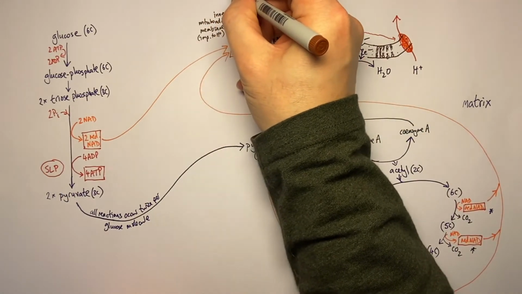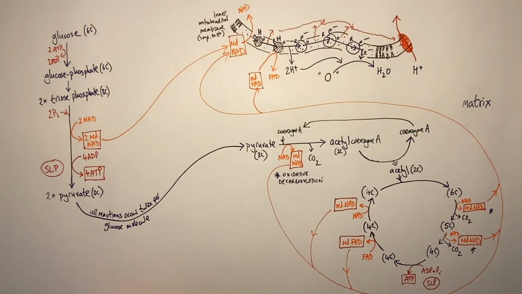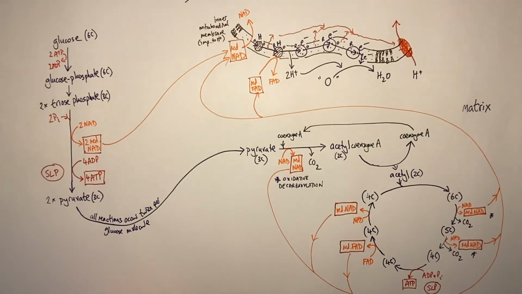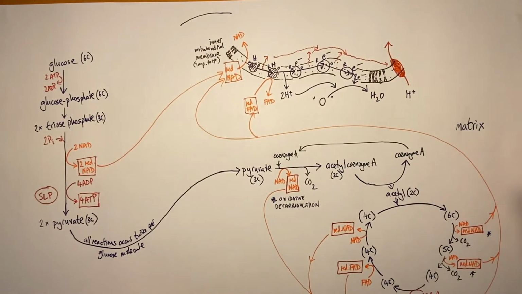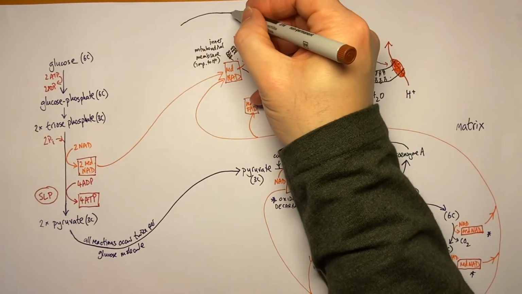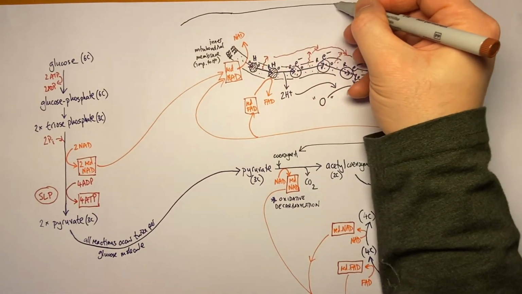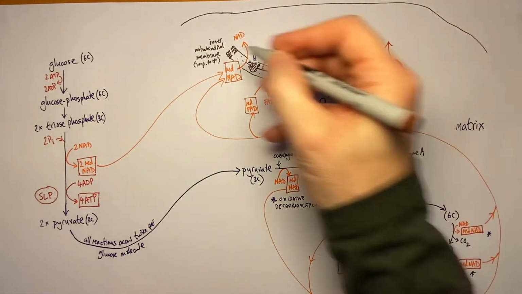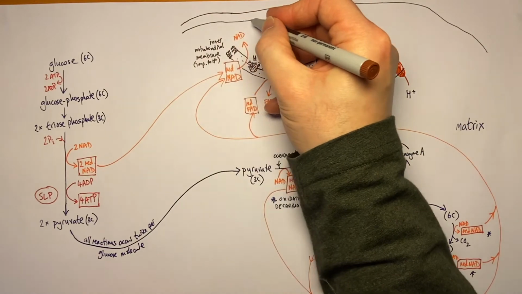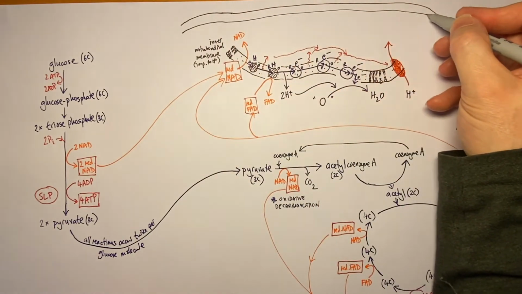So up here, which you may not be able to see, I'll just tilt it slightly. So up here we have got the outer mitochondrial membrane going around like so, and I'll have to draw it a little bit thicker because I've drawn the other one a little bit thicker.